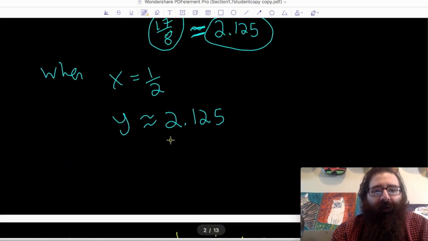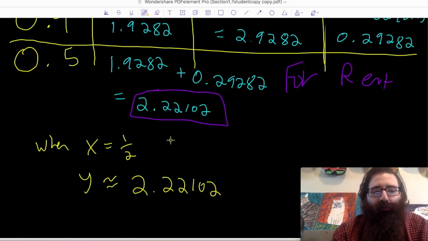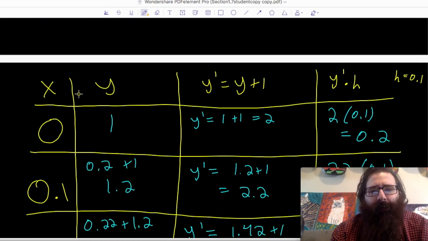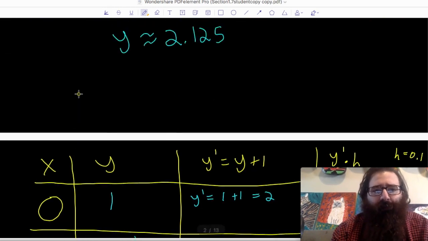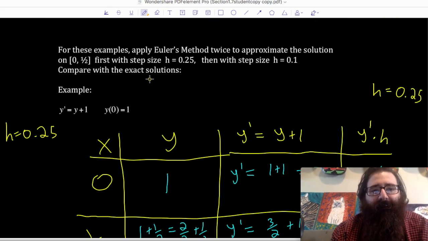Before we said y is about 2.125. Now we're getting something that's about 2.22102. Which one do you think is better? Well, hopefully this recent one that has more work involved is better, or else why are we doing it, right? But what's nice is with these examples, we can actually check. Now you're not always able to check, so a good question is, hey, if we're checking these against the exact solution, why are we using Euler's method?